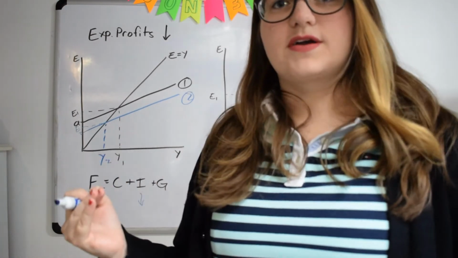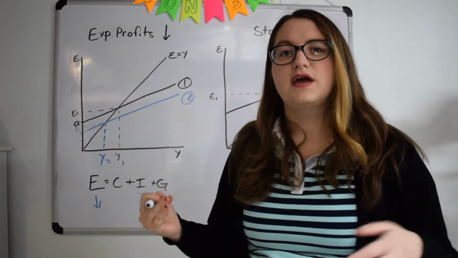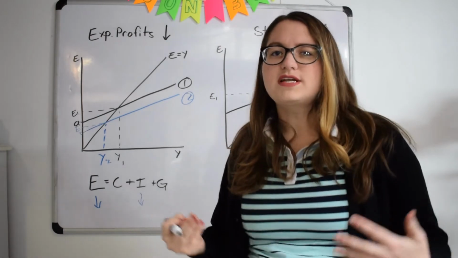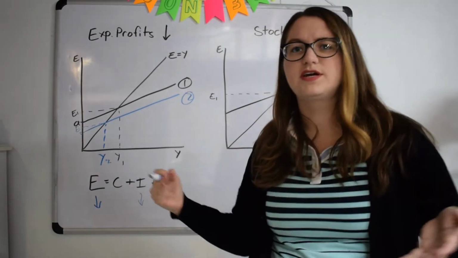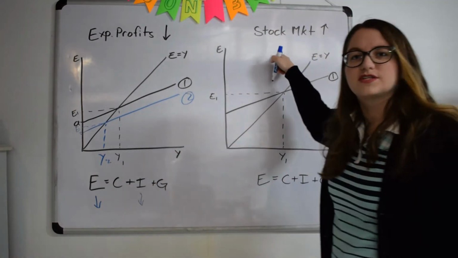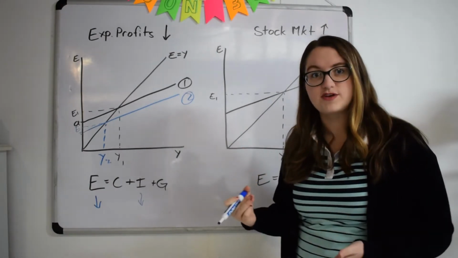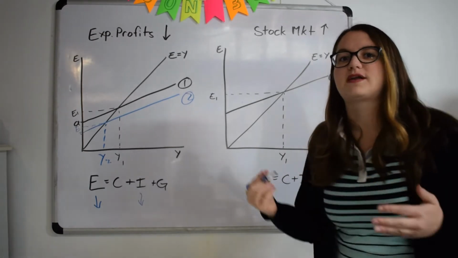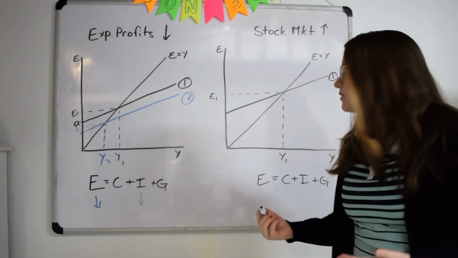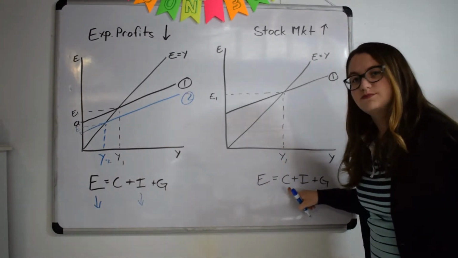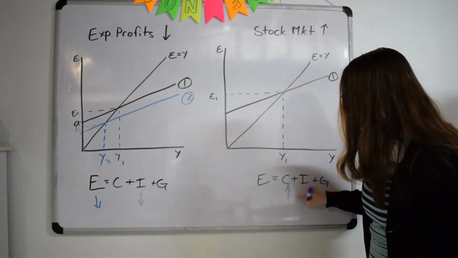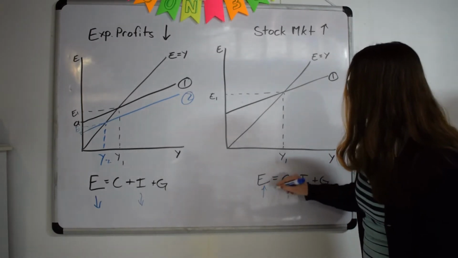The next problem I had you look at is what happens if the stock market increases. So the stock market is a part of consumer confidence. We're reading the stocks, we're thinking, oh, this is pretty great. So if the stock market starts going up, we have a general sense that the economy is trending in a positive direction. So this will be embedded in consumer confidence. Consumer confidence is embedded in consumption. So we increase consumption, which increases the expenditure.